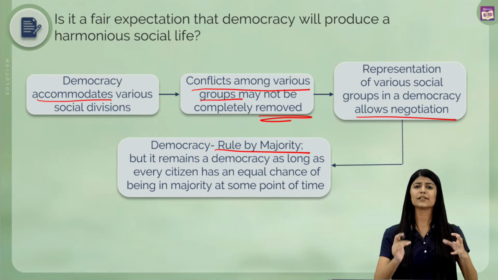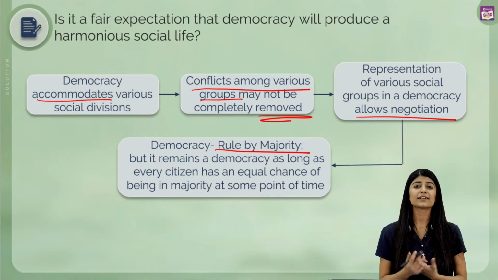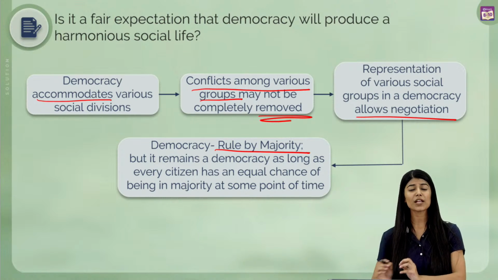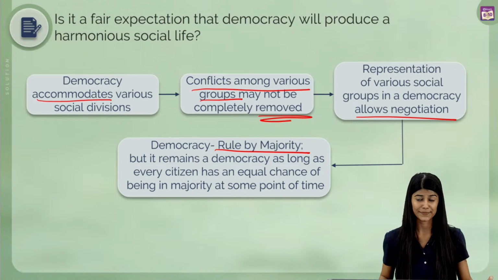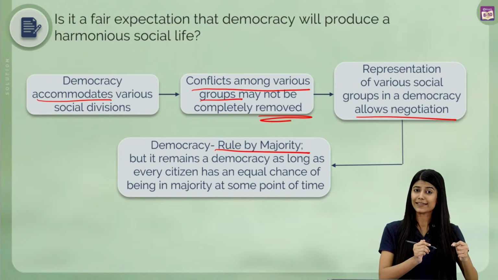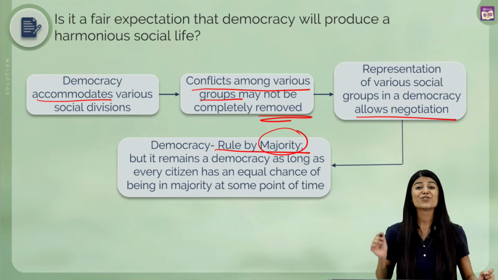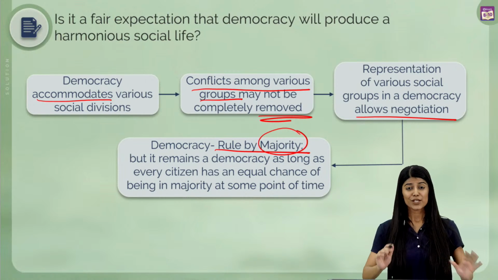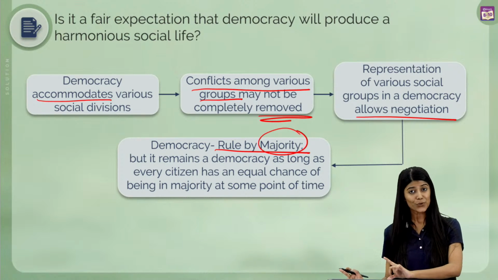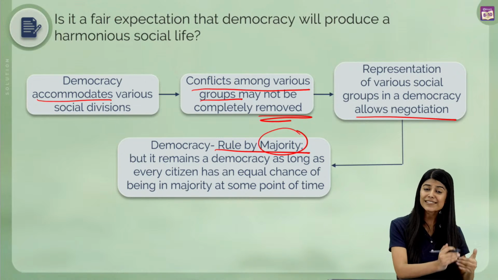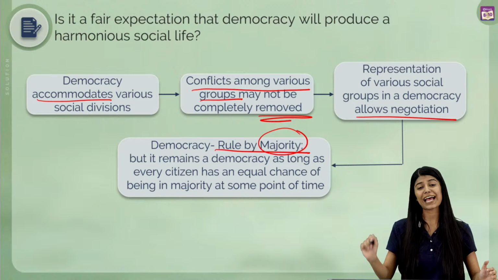Say, for example, the government is making a decision, and the majority of the population are not satisfied with that decision. This majority population is what we call the majority in democracy. It's not the majority community, but the majority in terms of numbers, in terms of population for that particular issue.